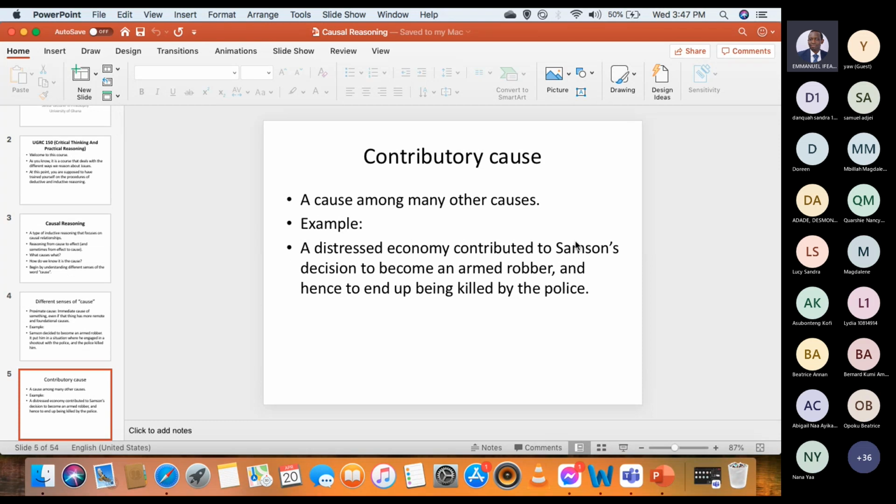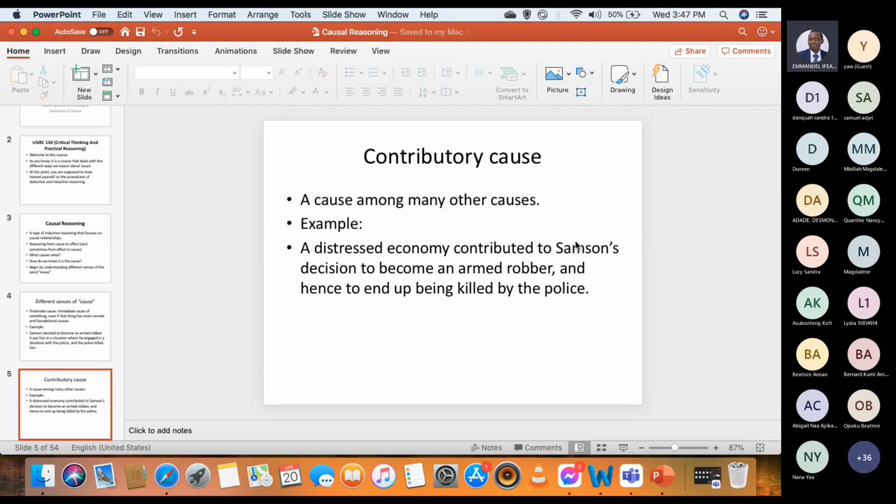Then we have contributory cause. A contributory cause is a cause among many other causes. Example, a distressed economy contributed to Samson's decision to become an armed robber and hence to end up being killed by the police.